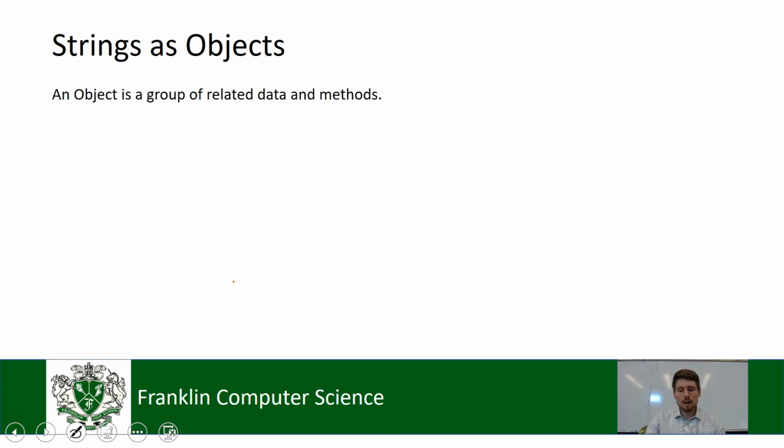So you're kind of combining some information and some functions together into one cohesive unit. That's what makes an object. So things that we've looked at that aren't objects are ints, doubles, and char and boolean. None of those are actually objects. Those are all primitive types, and strings, however, have a lot more going on with them.